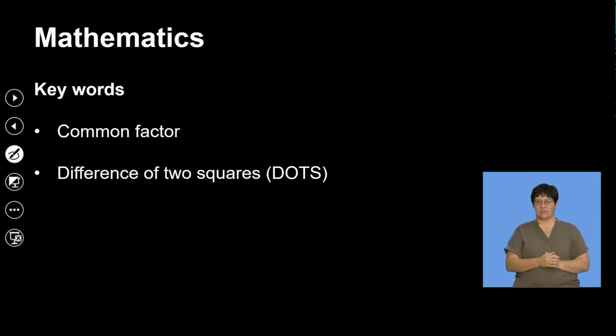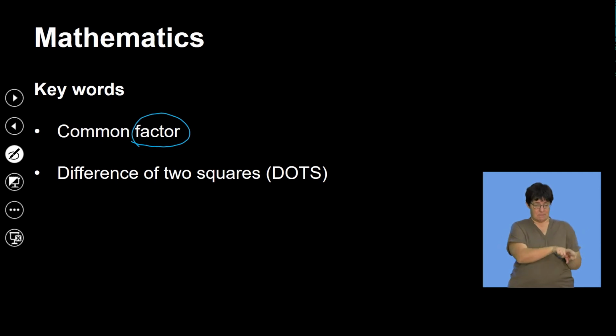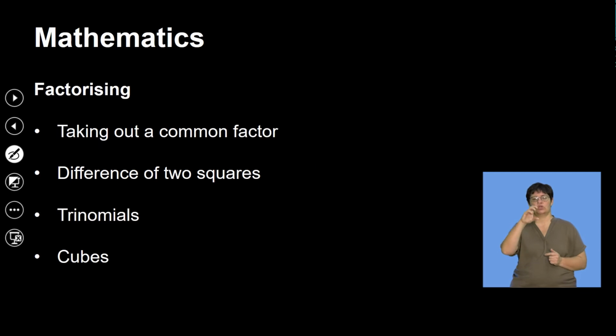Some keywords that you need to look at is what we call a common factor. I know that by now you know what a factor is. And common will mean that it is the same throughout the number of terms that you have. We also have what we call the difference of two squares. Remember I said we shorten it and say it's just dots. Now when factorizing, we have some different types of factorizing.